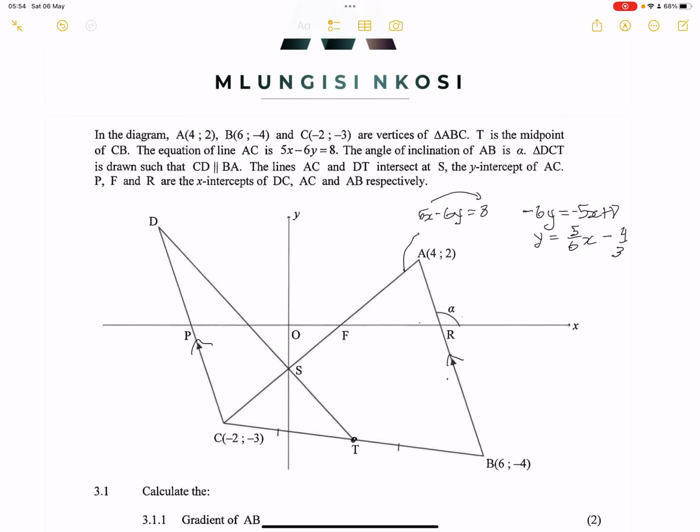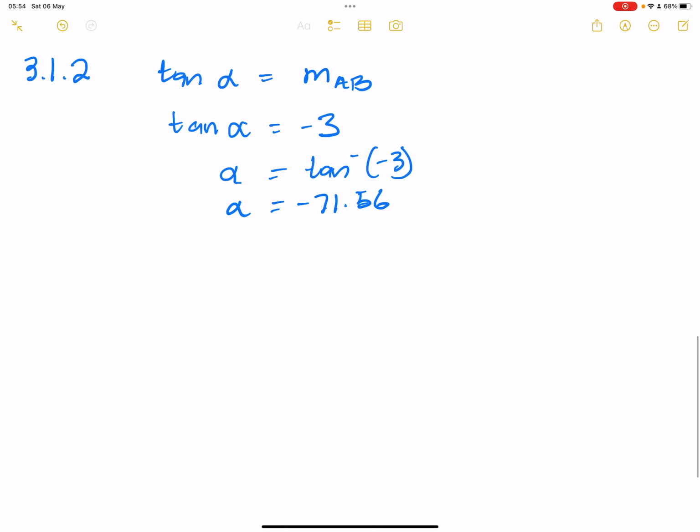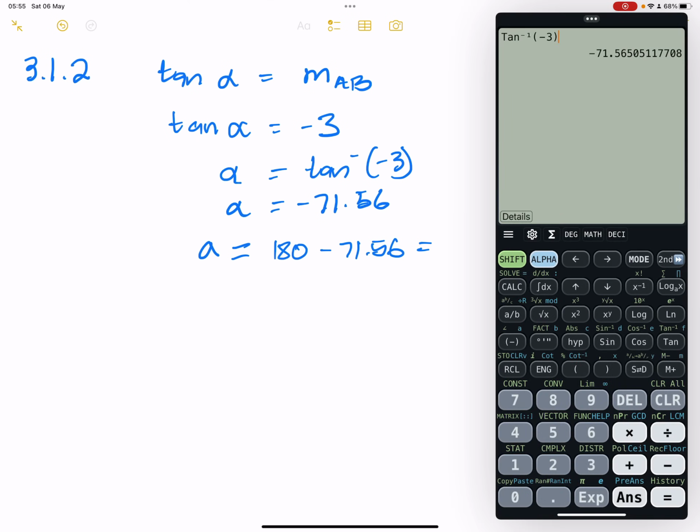Please keep that in mind. Alpha is actually equal to 180 minus 71.56. Because it should have been 57, let's fix that and say 71.57 so that we are as accurate as possible.